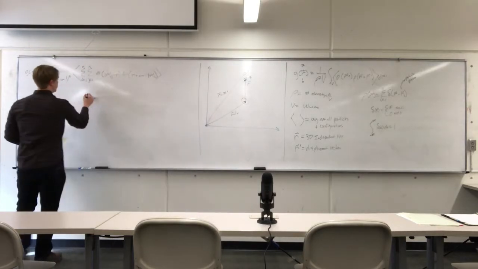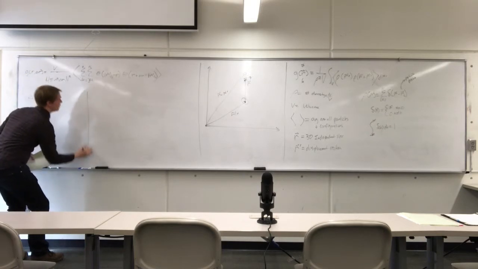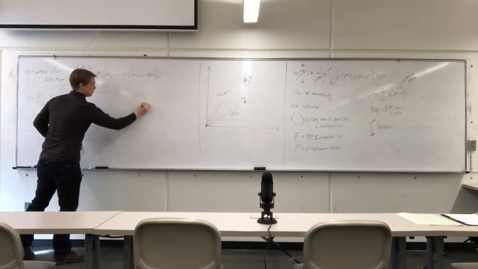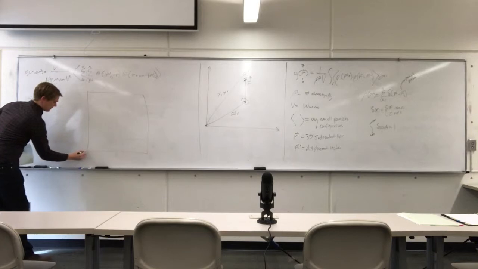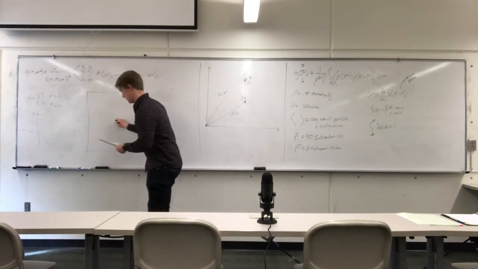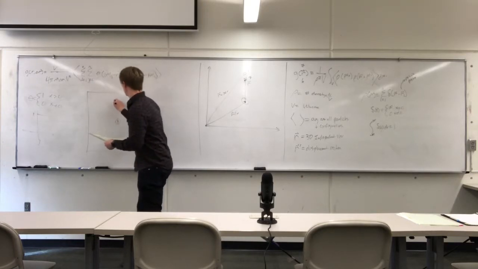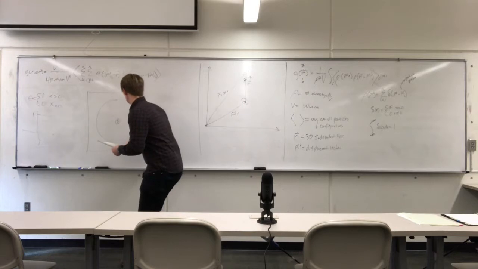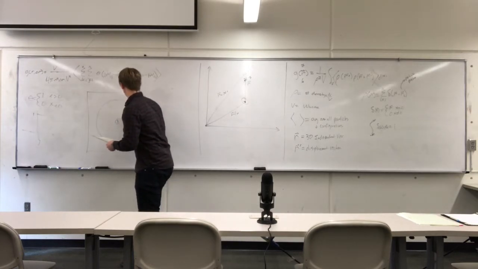So I just wanted to graphically show you what this means. Let's say we have a particle, I'll call this 3. We have some distance here, this is going to be r.